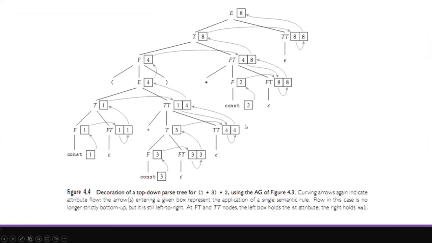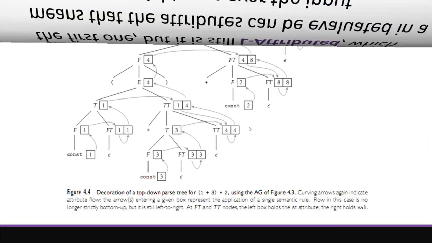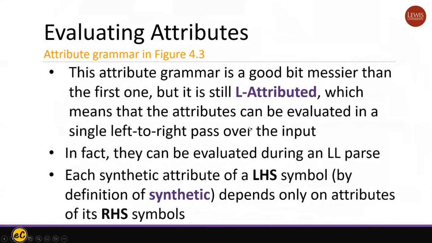With the bottom up, you use a stack for the value, and then you pop out the last expression. It's easier, usually for value. But for type, usually you inherit from the parents. So it actually depends on which attribute we are talking about.